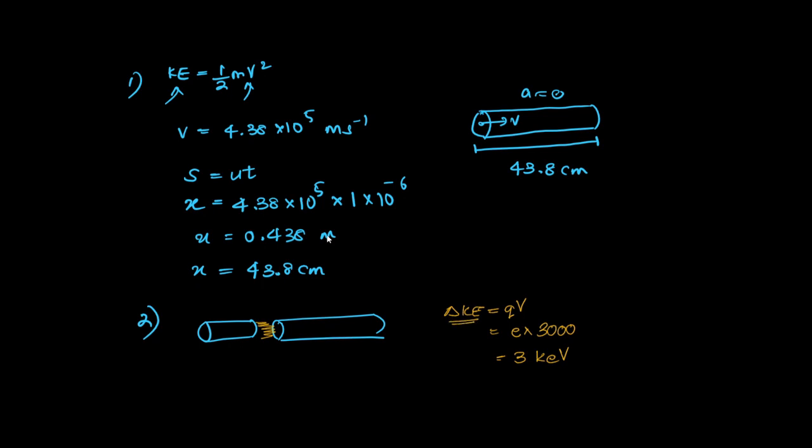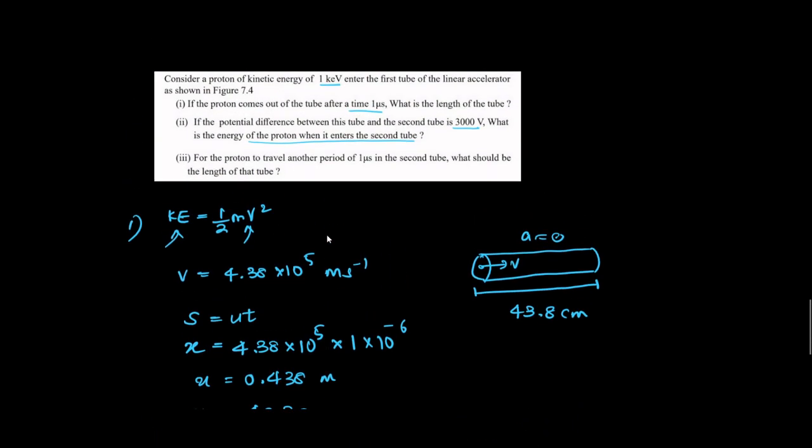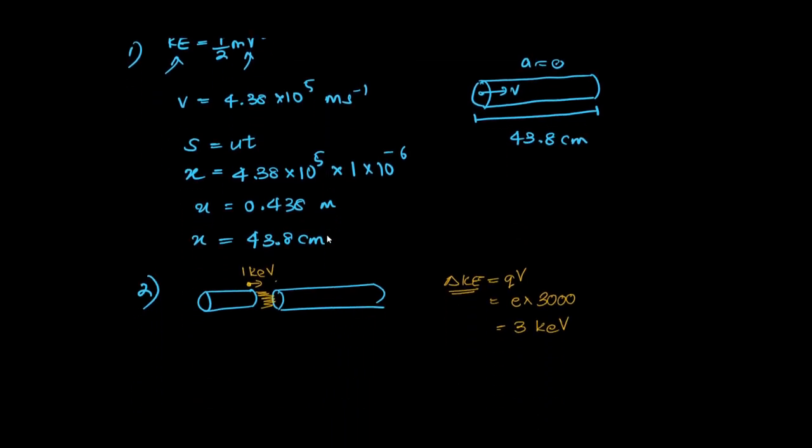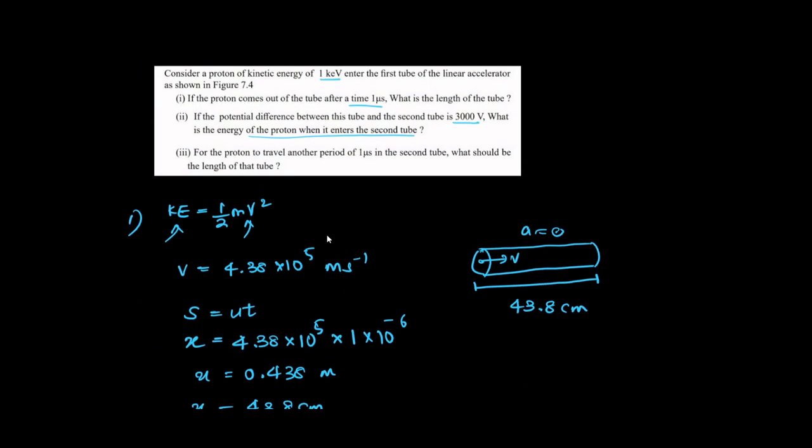What is the change in kinetic energy? But initially it has a kinetic energy of 1 kilo electron volt. So when it is entering the second tube, the kinetic energy becomes 4 kilo electron volt. Third, for the proton to travel for another period of 1 microsecond in the second tube, what should be the length of the tube?